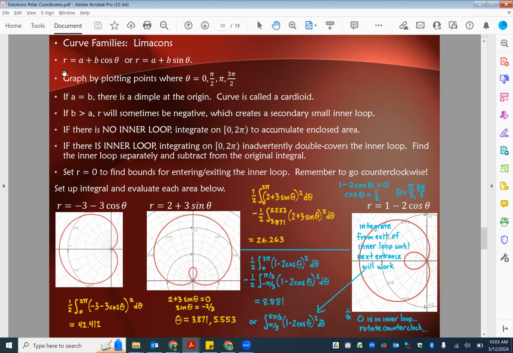These are generally pretty easy to graph by hand if you plug in the nice quadrantal theta values, because you get nice values of cosine and sine. Usually a and b are whole numbers with the ones that we see in this course. So you can plot a few points, and if you recognize the template here, you know the approximate shape in between those points to fill out the curve yourself.